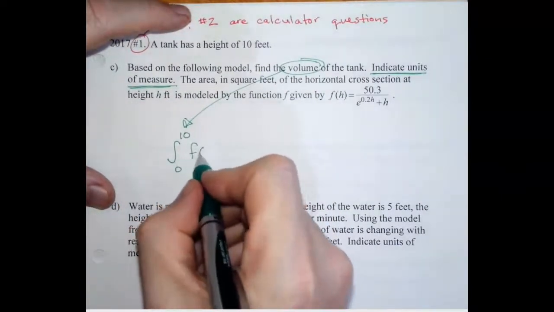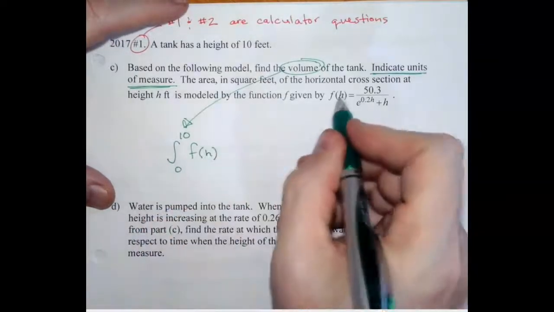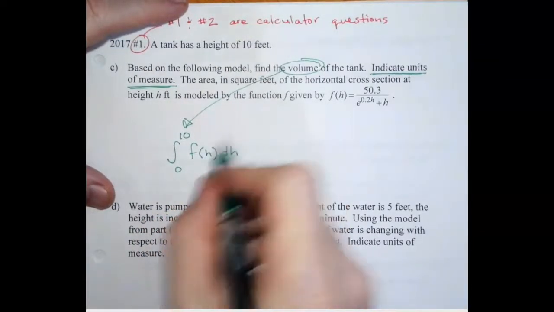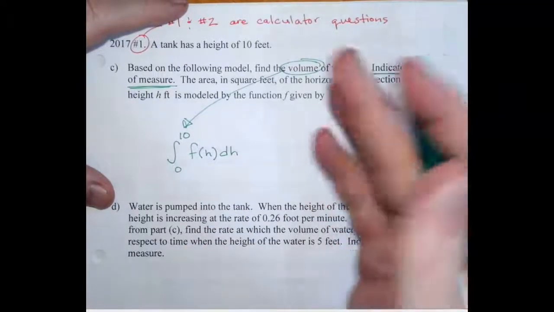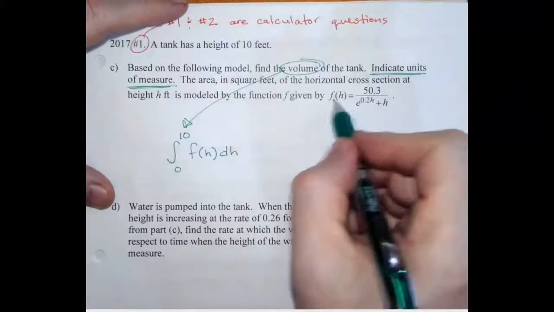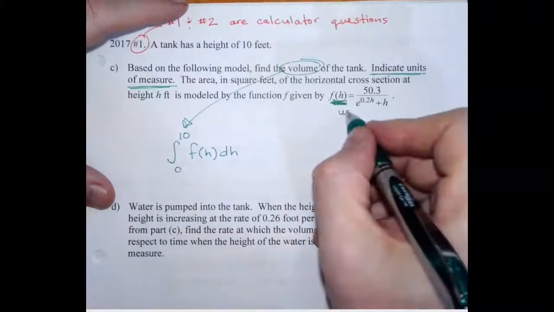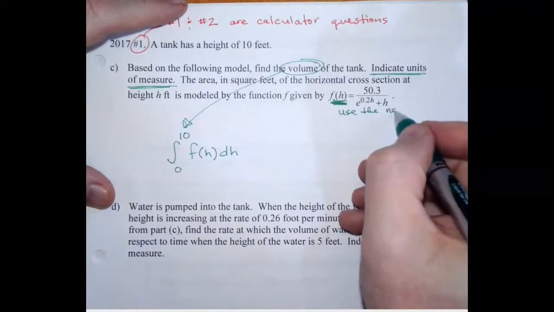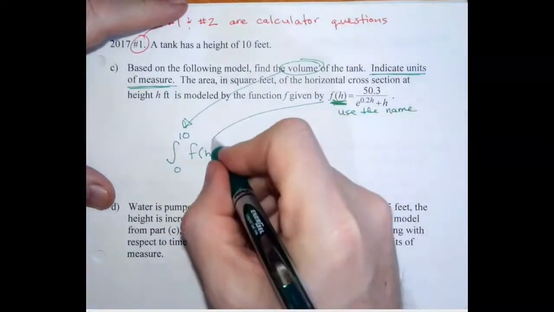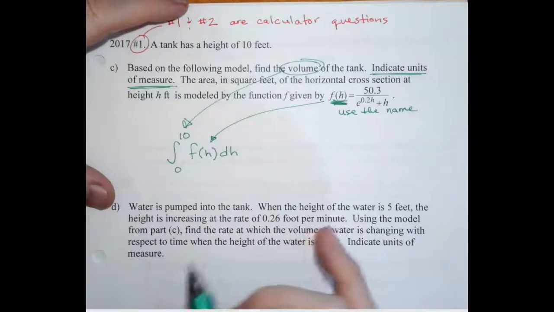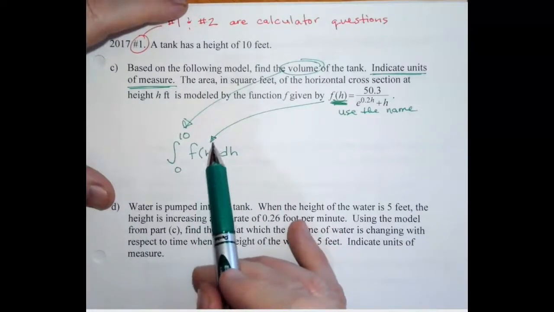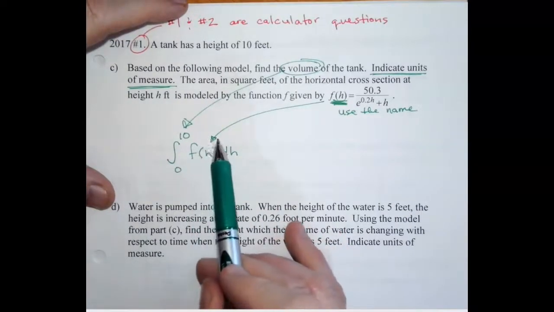Also, remember when we do these questions, we can just write the function that they give us. I don't need to write all that out. I might make a mistake and put the decimal in the wrong place or put a minus and mess that up. So just use the name of the function in here. And one mistake that students make on that is a lot of students want to square that because all the formulas had squared.